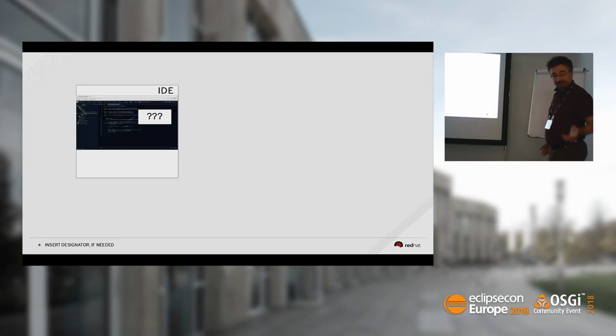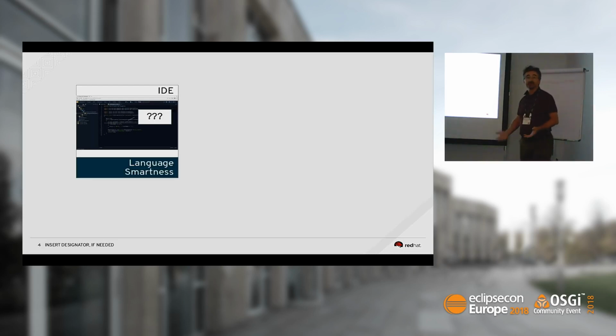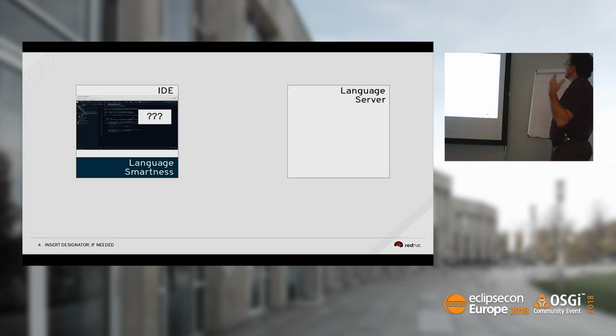It needs some component that understands the language, for example Java or TypeScript, and needs to know how to parse it, the AST, etc. That's not cool. If you have M IDEs and N different languages, you have to implement the language support for each language and for each IDE.